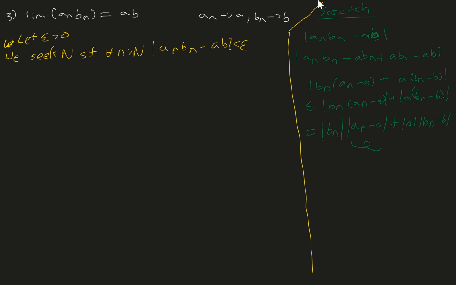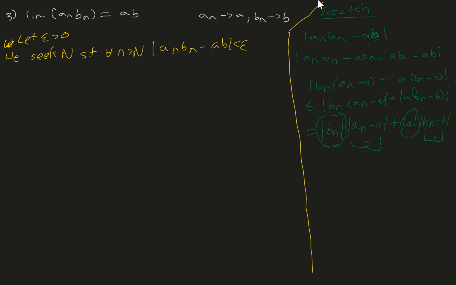We've gotten something with a_n minus a and b_n minus b, which we wanted, but we've got some problems. We've got this variable term b_n, and we've got this constant a. So let's see what we can do about this.